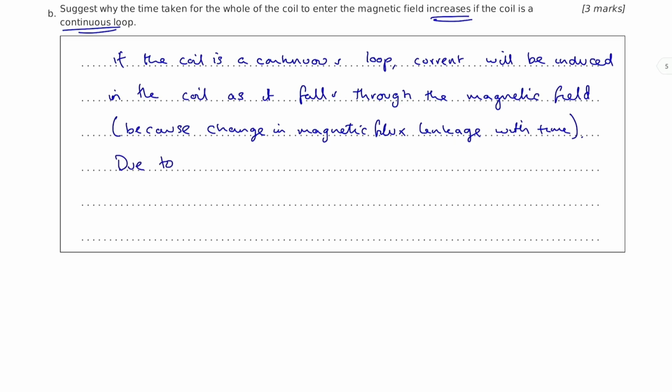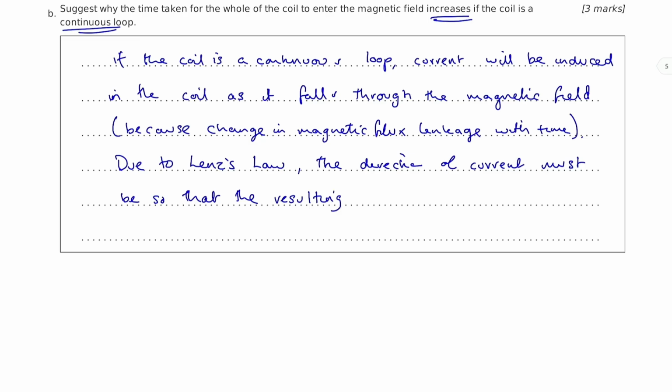Due to Lenz's law, the direction of current must be so that the resulting magnetic field opposes the magnetic field causing the change.